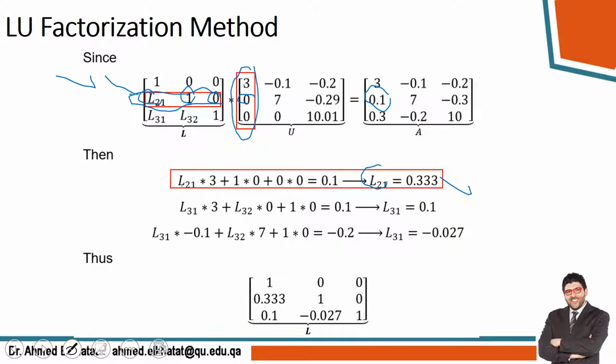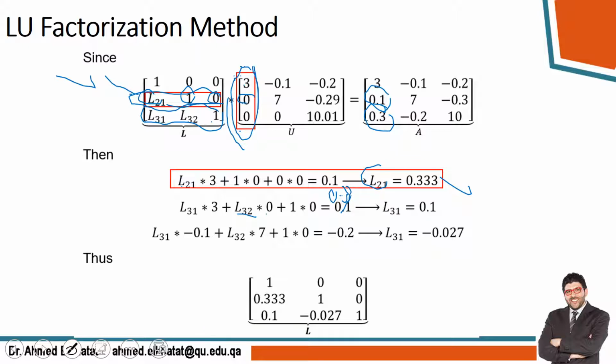Let's multiply the same way. If we multiply this row by this row, we will get this value. So L31 times 3 plus L32 times 0 plus 0 times 1 should be equal, oh, this is a mistake, should be equal to 0.3.